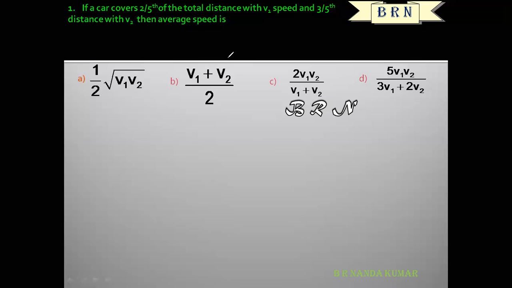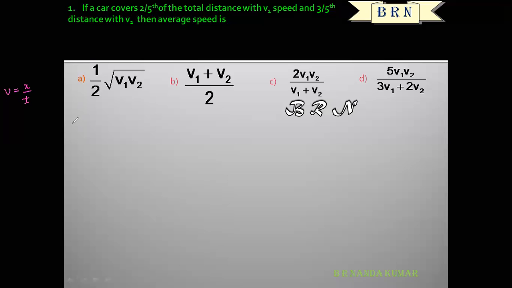Okay, so what is the meaning of speed? Speed is actually distance traveled divided by time taken. Here the car covers 2/5 of the total distance with V1 speed.